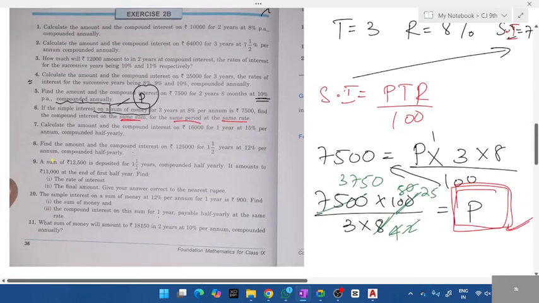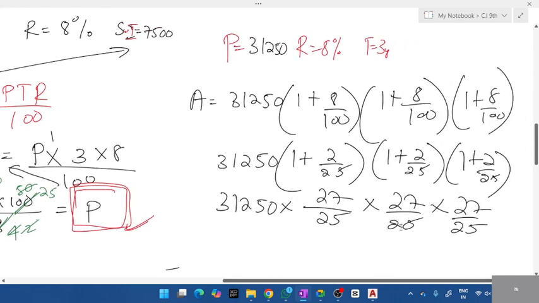And one more question. Seventh question. Will you try this half year question for homework? Okay, I'll tell you how to do that. First, complete this. Do the calculation for homework. Complete the values. Take down the values. 27 by 25, 27 by 25, and 27 by 25.